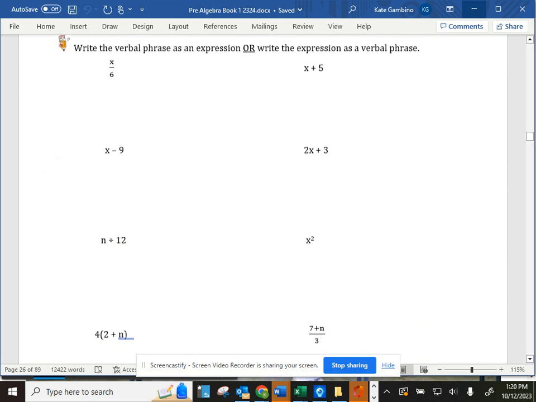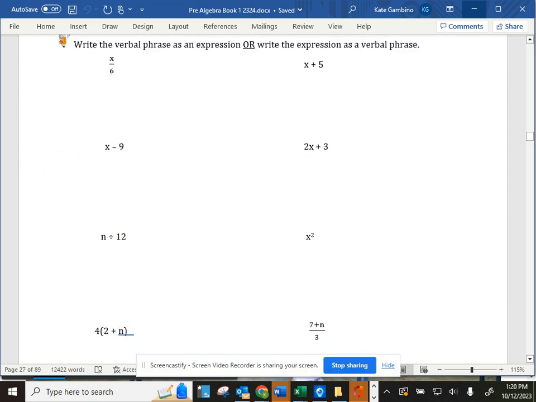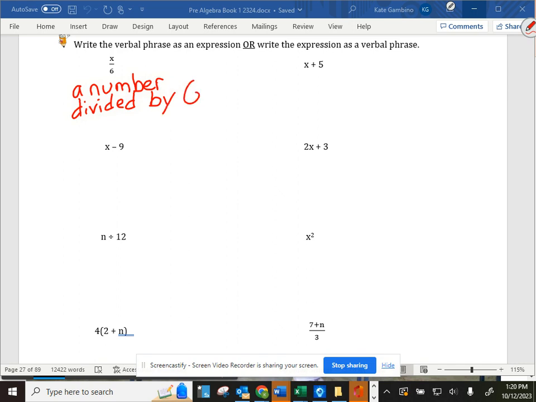So on the next page, they give us an expression, and we need to write it as a verbal phrase. So x over 6. How would I write that out? Jude? A number divided by 6.